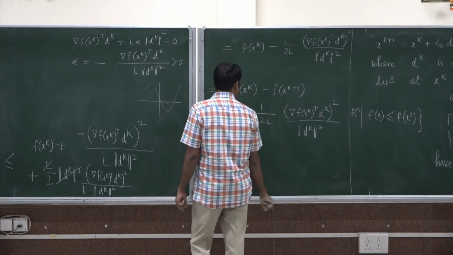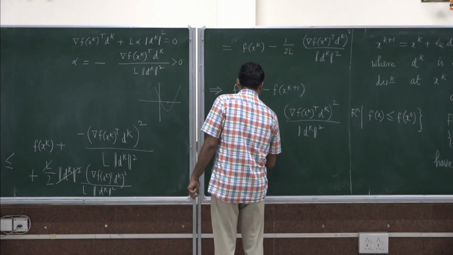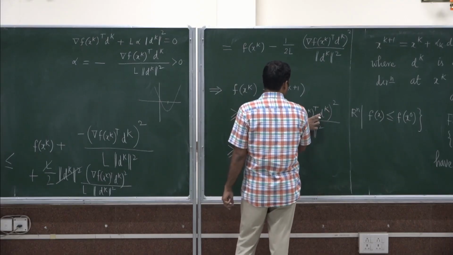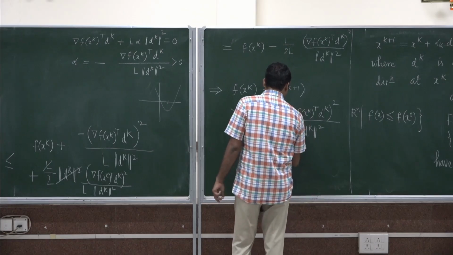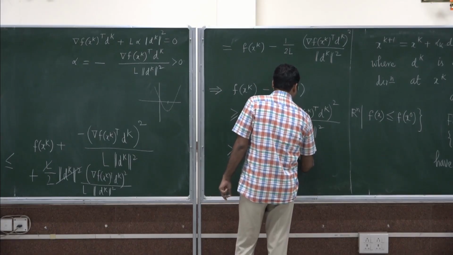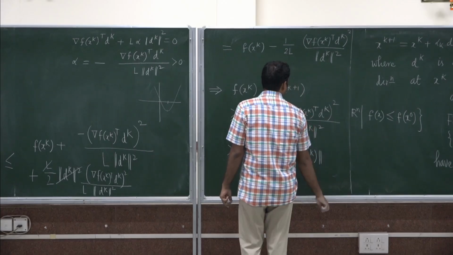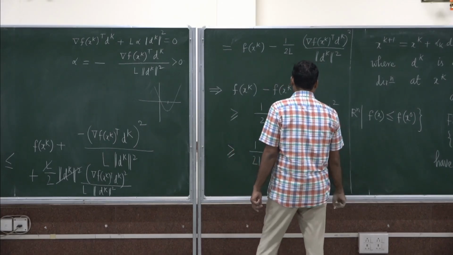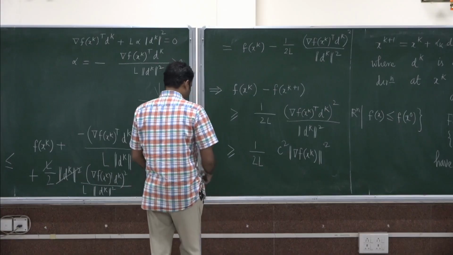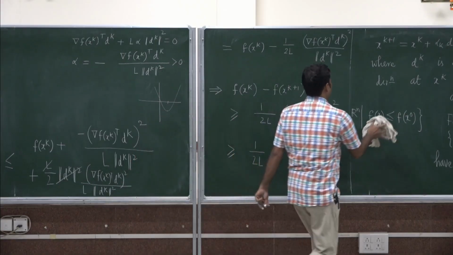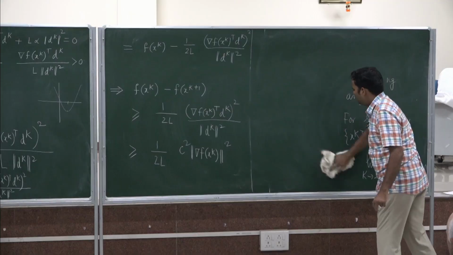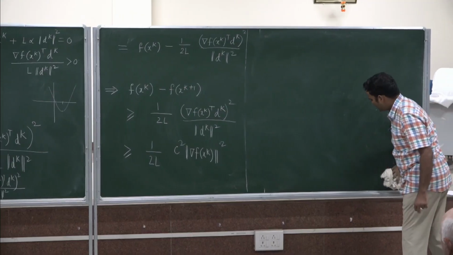And by the angle condition, this portion inside the square is greater than or equal to c times norm of gradient f(x_k) times norm of d_k, so the norm of d_k squared gets cancelled, right? So ultimately this is the simplest result for the global convergence.